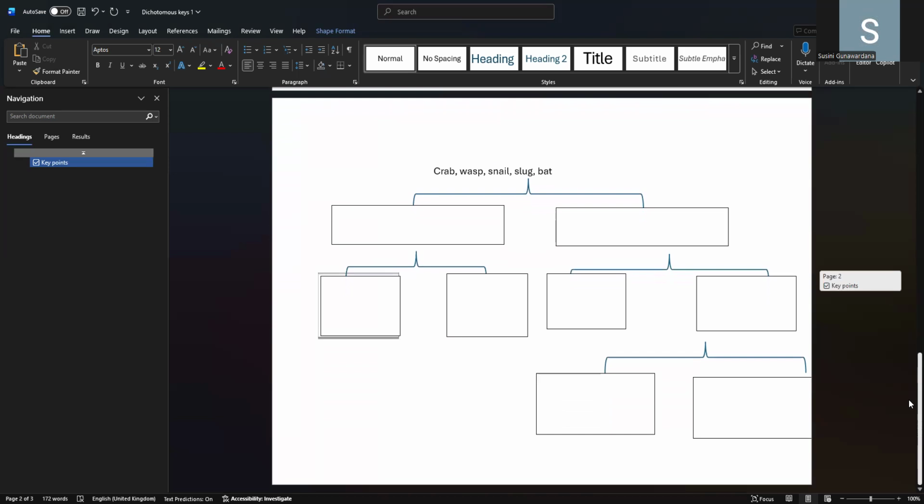I will take another example here. Crab, wasp, snail, slug, and bat. Those are the animals that I have taken. Now we are going to divide this.